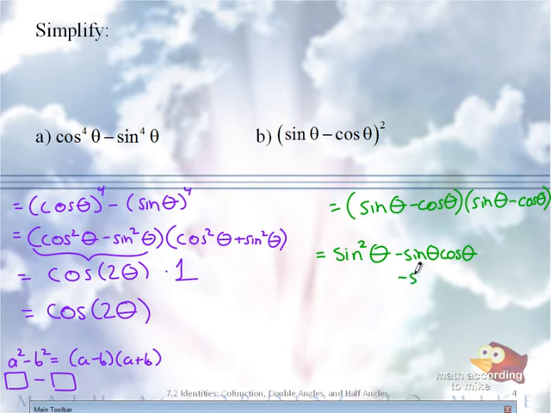Same thing. I'm going to save some space and put it right here. Outer and inner are the same. Is that okay? Foiling. Cool. What do we get for last?